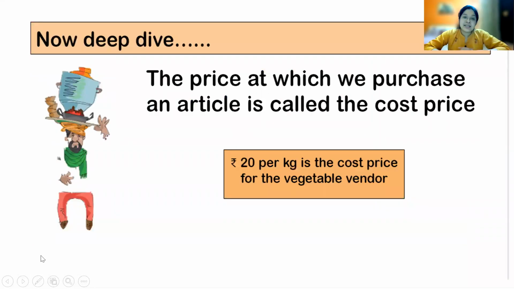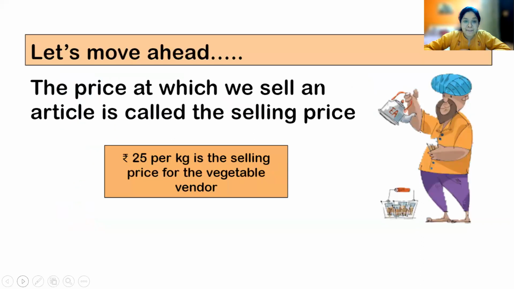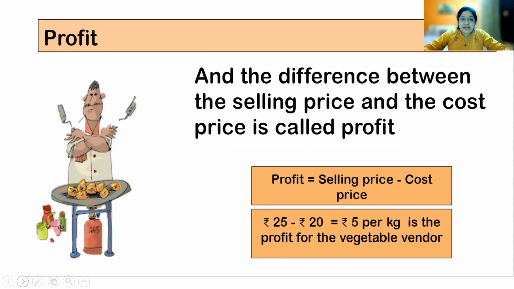Okay, now let's take a deep dive in. The price at which we purchase an article is called cost price. 20 per kg is the cost price of the vegetable vendor. Whereas the price at which we sell an article is called selling price. 25 per kg is the selling price for the vegetable vendor. And how do we know what is profit?